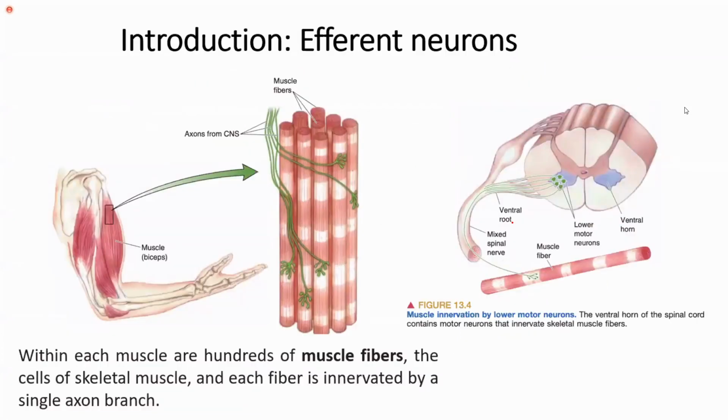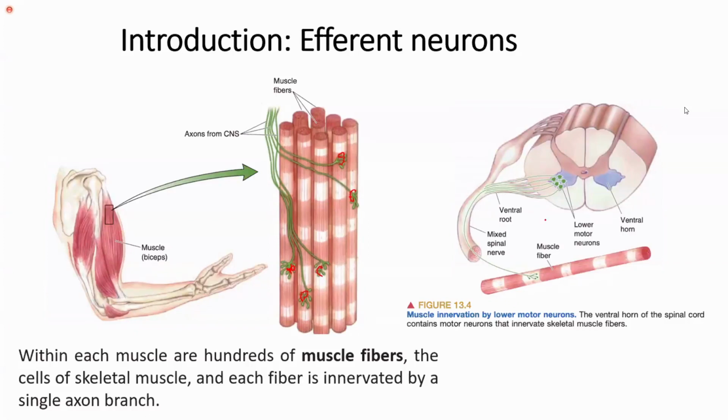Now we know each muscle consists of multiple fibers, as you can see here. These muscles have the ability to contract because of the innervation of the motor neurons. Each fiber is innervated by an axon branch of the motor neuron.